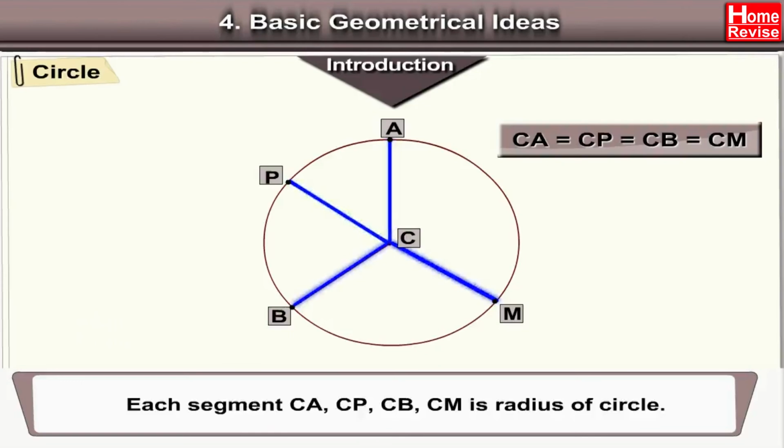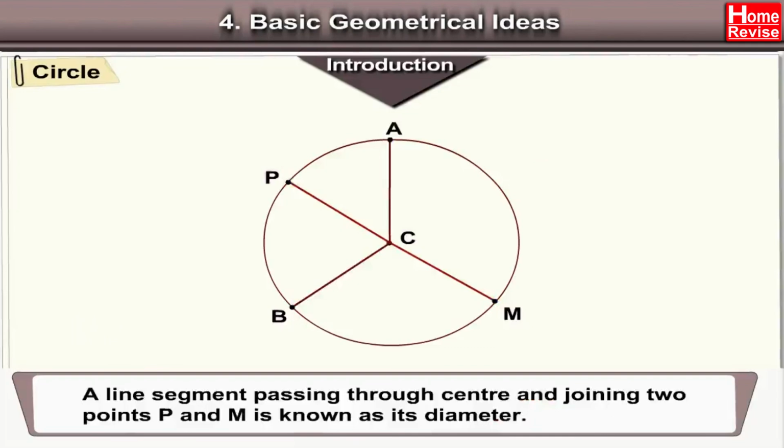Each segment CA, CP, CB, CM is the radius of the circle. A line segment passing through the center and joining 2 points P and M is known as its diameter.